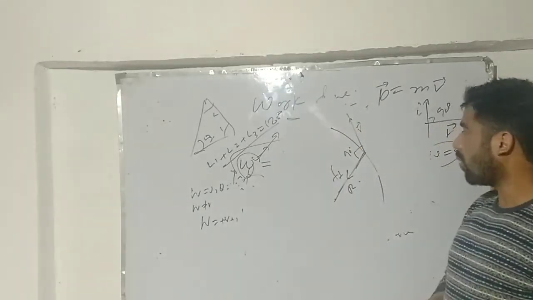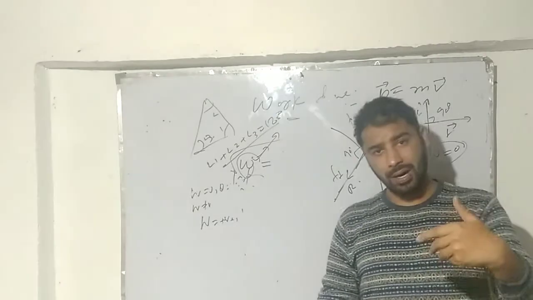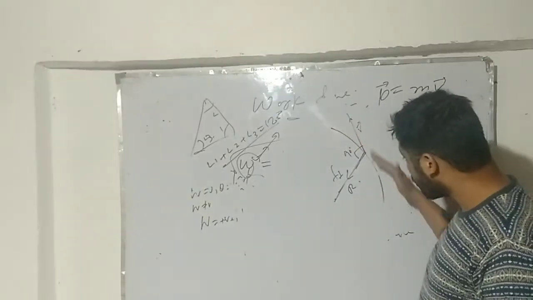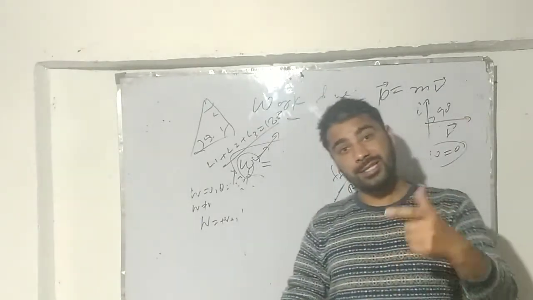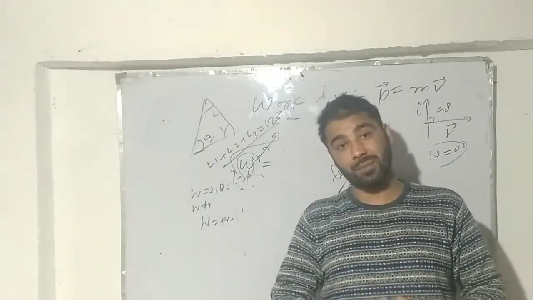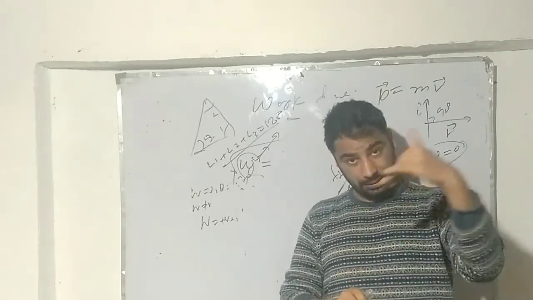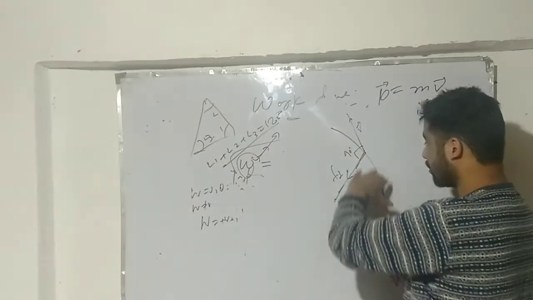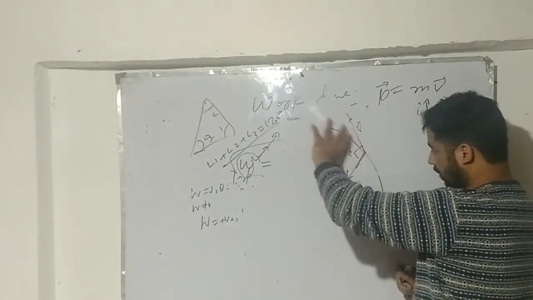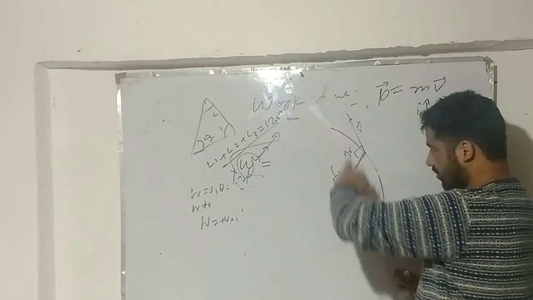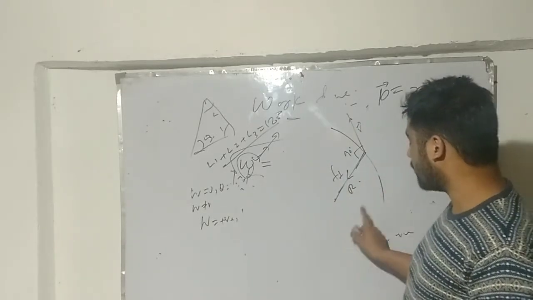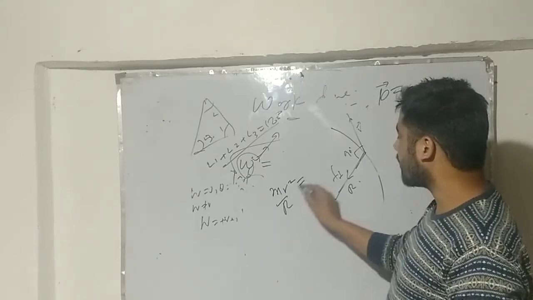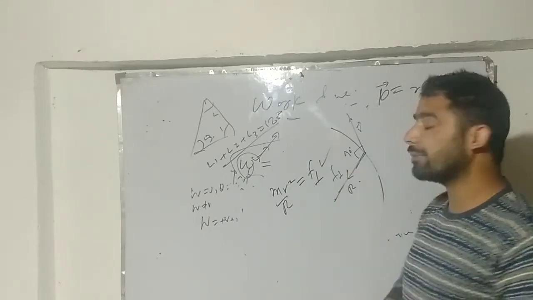It alters the direction of velocity, but it does not speed up or slow down the particle velocity, although it alters its direction. Sometimes this force, which confirms the local curvature of the particle motion, is known as the centripetal force.